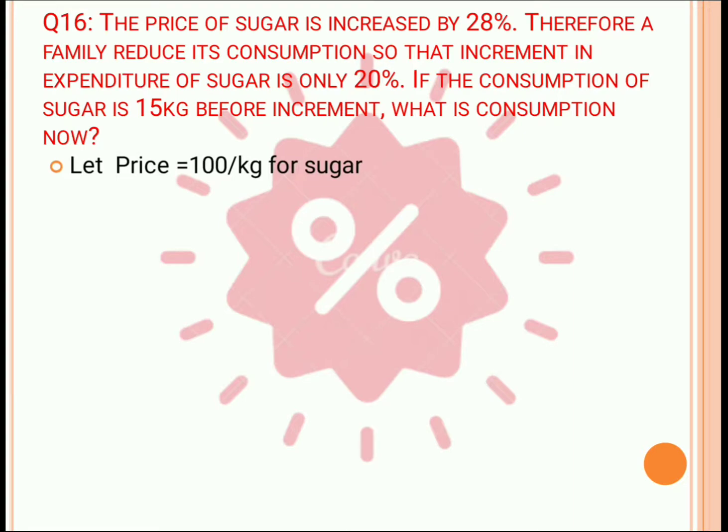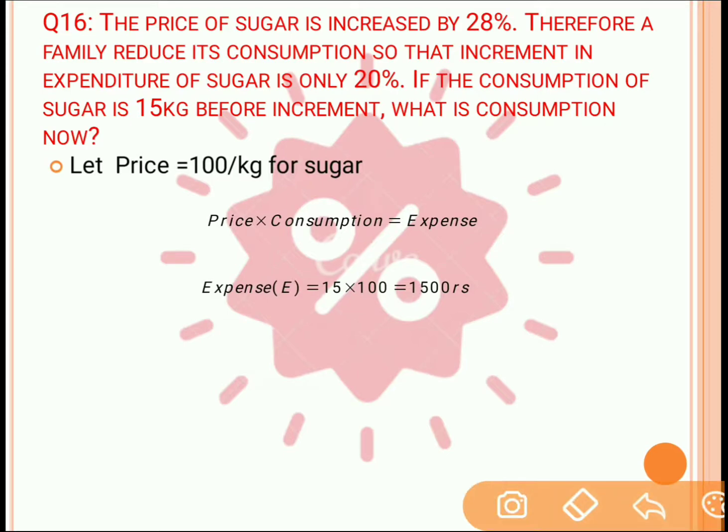Let the price be rupees 100 per kg for sugar. Now we have the formula expense is equal to price into consumption. So initially the price which we have assumed is 100 rupees per kg and initial consumption which is given in the question is 15 kg.